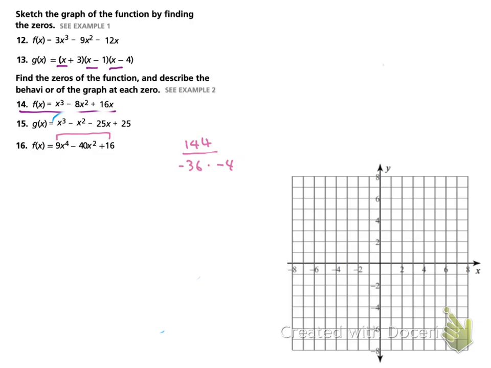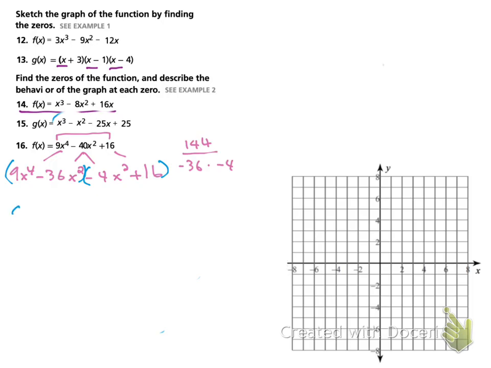So when you split the middle term, you'll have 9x to the fourth minus 36x squared, because it was a 40x squared, minus 4x squared plus 16. Okay. Factor by grouping. Group, group, group, group.